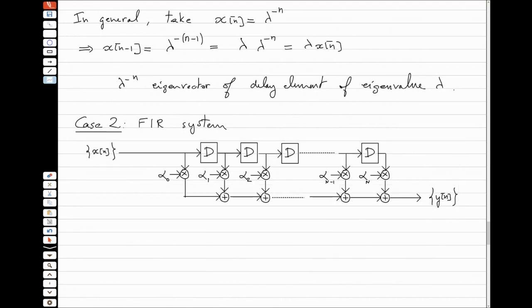All right, can we find eigenvectors for FIR systems?